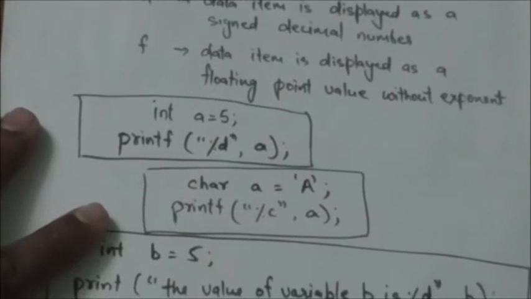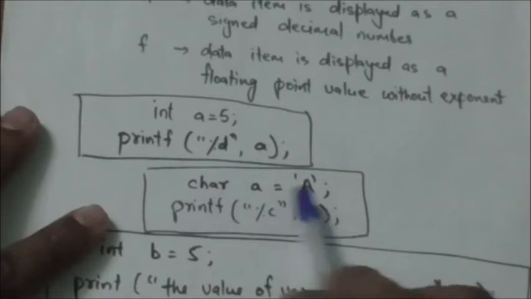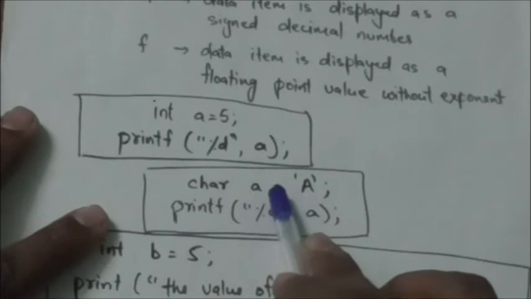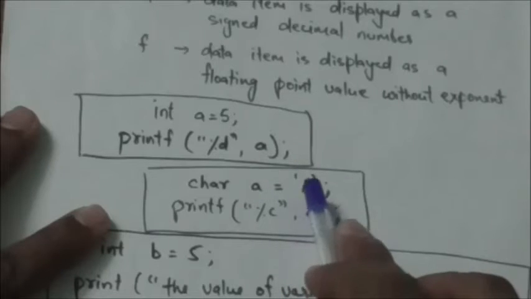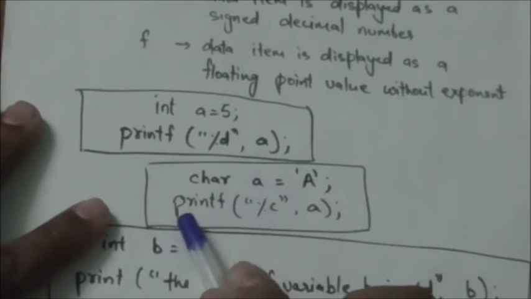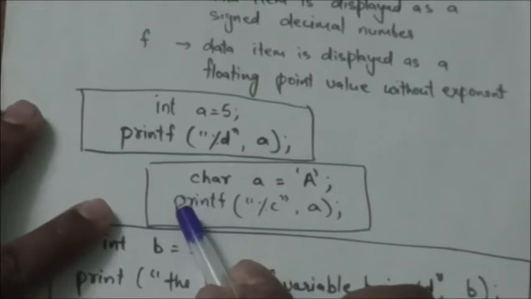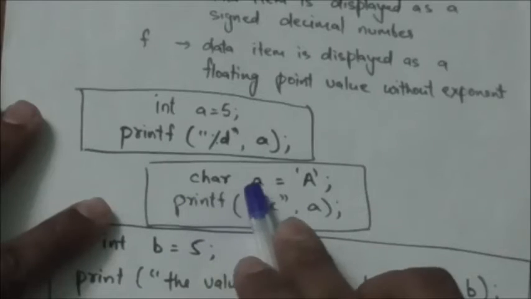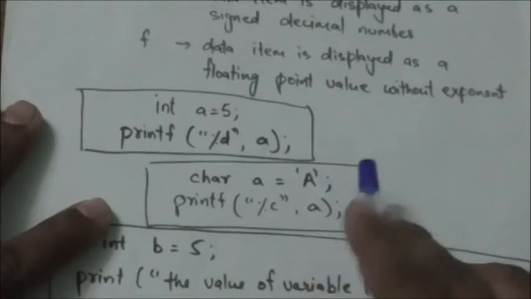Similarly, you can see in this example, there is a character type variable a, and it is initialized with the capital character A. Now I want to print the value of this variable a. For that purpose I have written this statement, in which I have used the printf function.